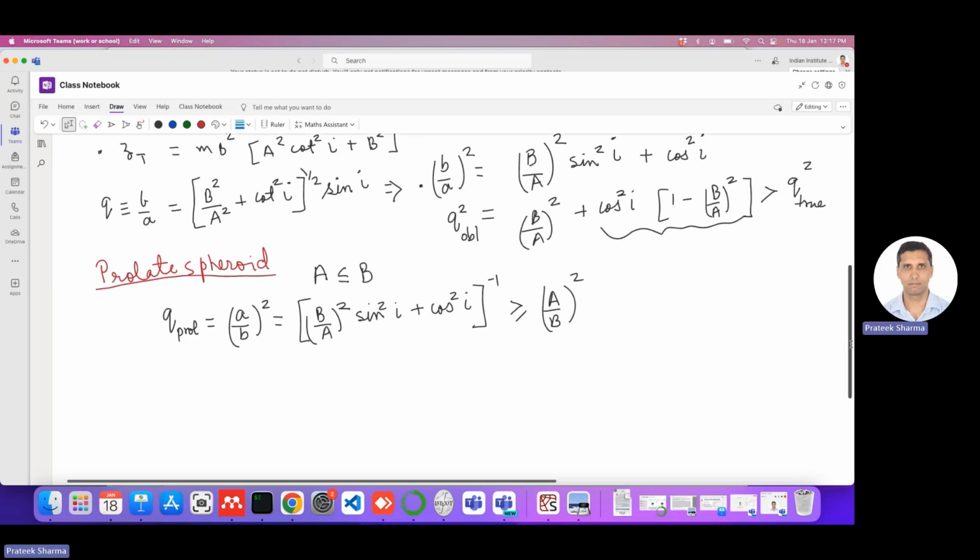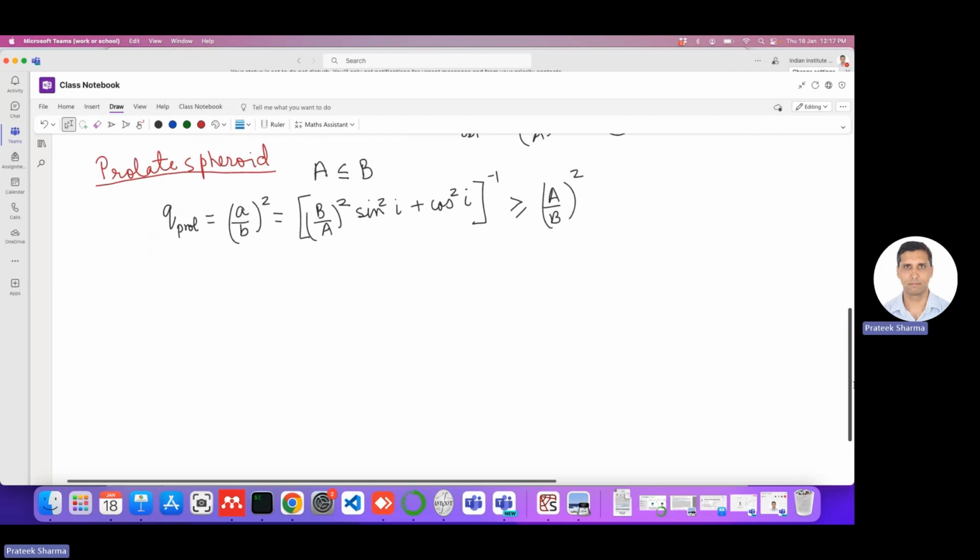Yes. Is it possible to measure i observationally? If you're looking at a projection, can we estimate i? Not in general, because we can only measure the projection. If you see a circular projection, it may be that you're looking at a cigar from its axis, or it's truly a sphere.